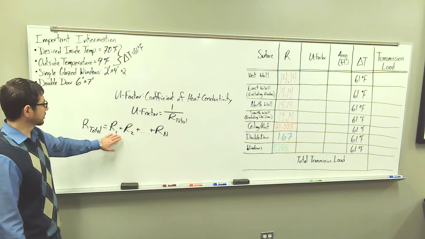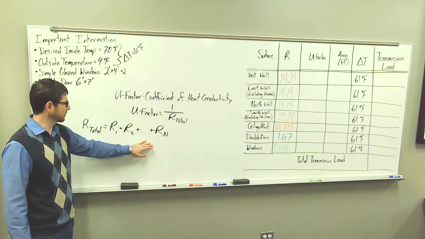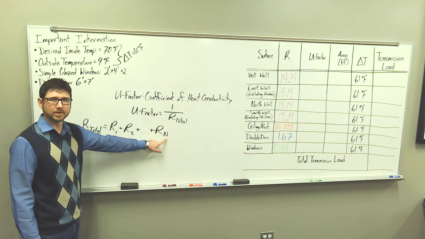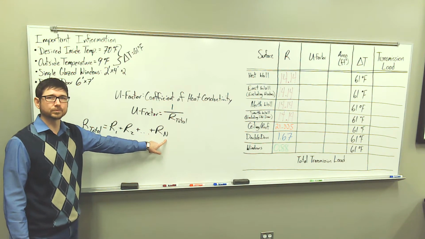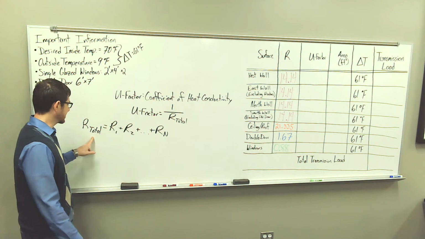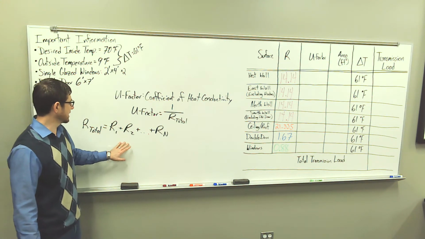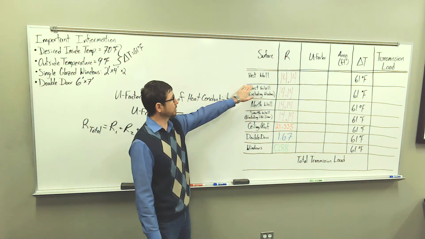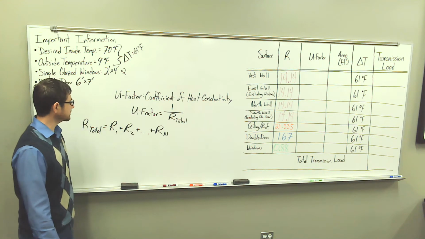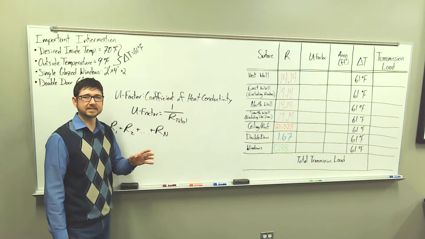Now, remember when we talked about this, don't let this equation confuse you with all of these R's and then the subscript n. The subscript n represents the total number of materials that you are adding together to calculate the total R value. So, for example, in the wall, when we calculated that to be 14.14, I believe there were 6 or 7 items in there, and that's table 1.